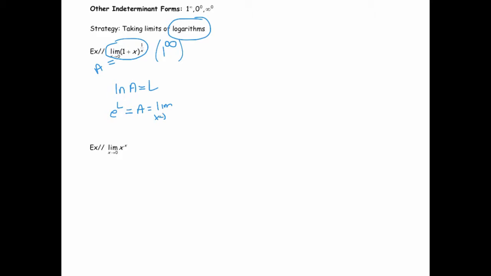So our strategy is going to be to take the natural log of the limit, see if that can be evaluated, and if it can, we'll just raise e to that number to get a. So that's our strategy.